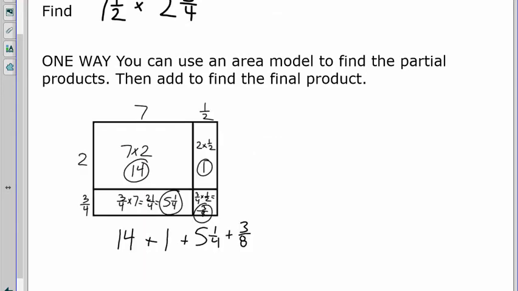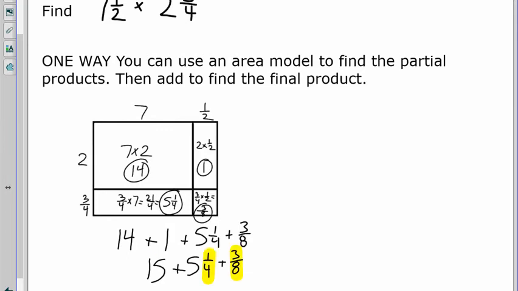So now I've written them out in an addition expression. I have 14 plus 1 plus 5 1/4 plus 3/8. And now I can go ahead and add together the easy things. So I have 15, that's 14 plus 1, plus my 5 1/4 plus 3/8. And as you might recall, to add fractions, I need to have a common denominator.